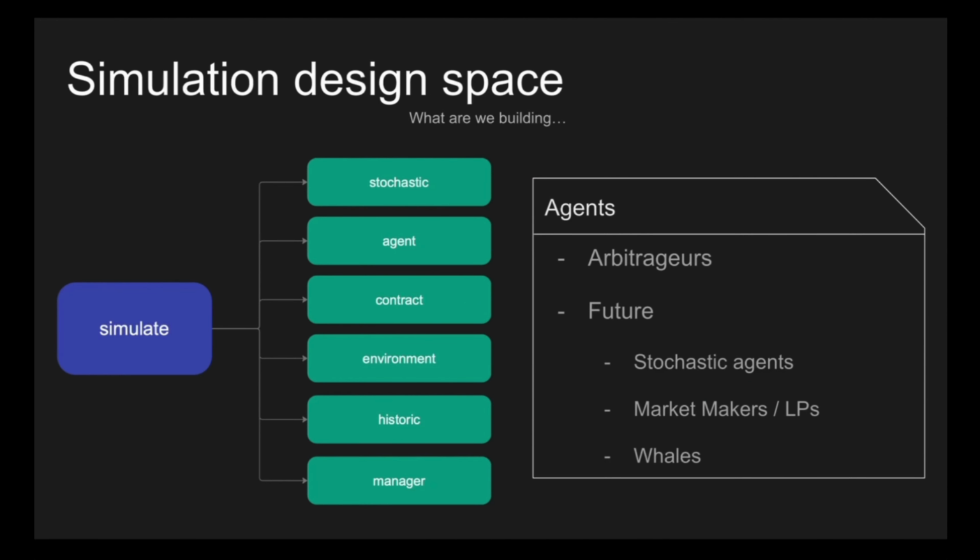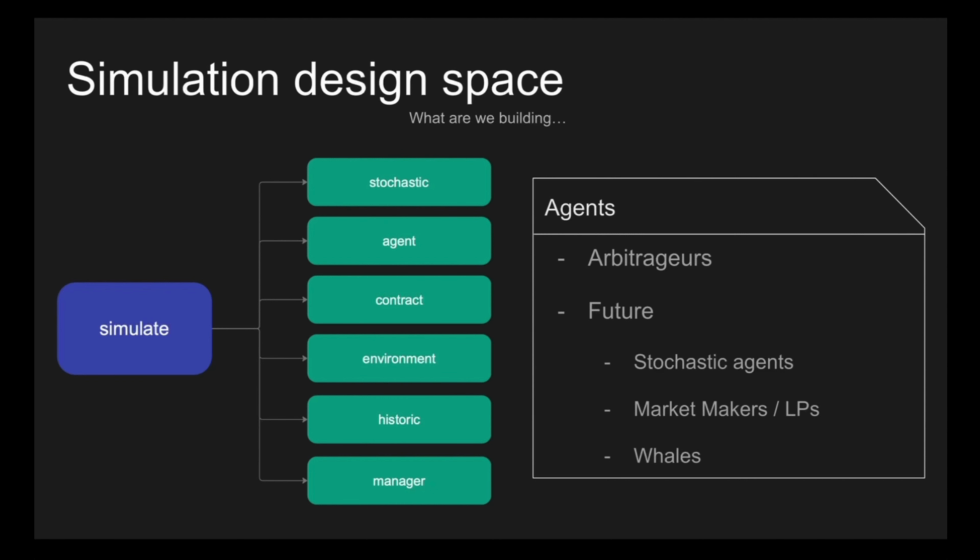Now, the contract and environment modules here are really just to interface with revm, the Rust EVM, and they're just to allow us to nicely deploy contracts, know that they're deployed, where they're deployed at, all of this. And the environment is really just handling the transaction and database requirements that we need in order to track state change.